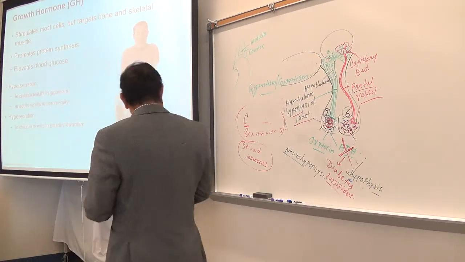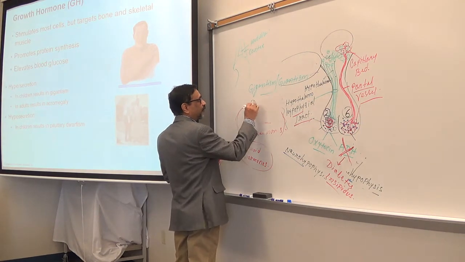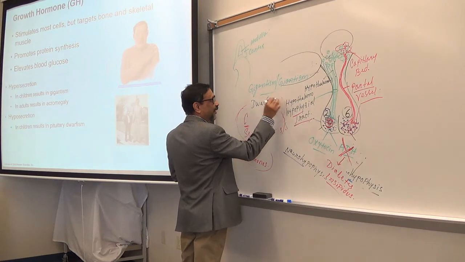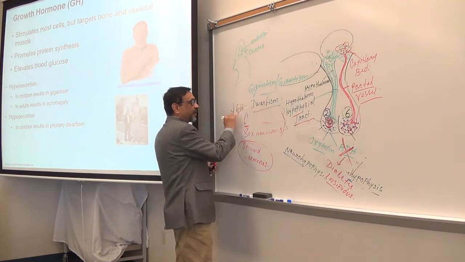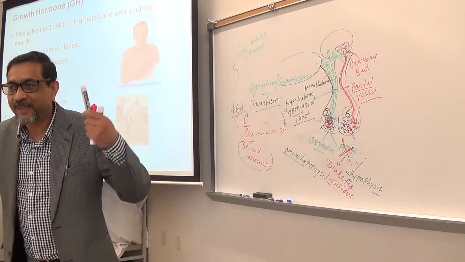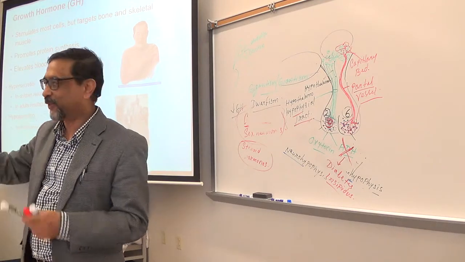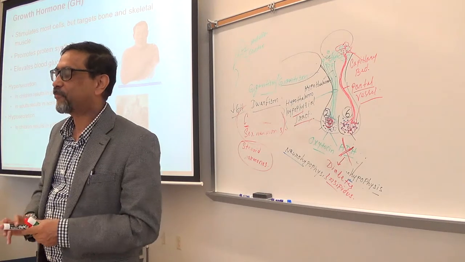So opposite of gigantism is what? Dwarfism. Due to lack of growth hormone secretion during the growth of the body. Okay? Once your growth is completed, if growth hormone secretion is less, it doesn't matter because your body has already grown enough, right? Growth is completed.